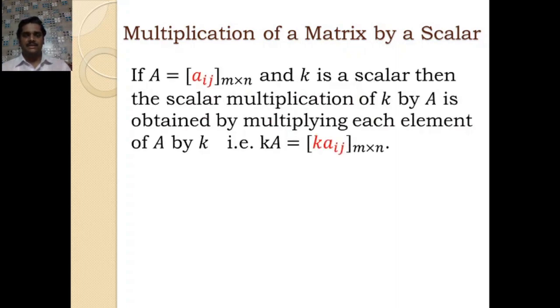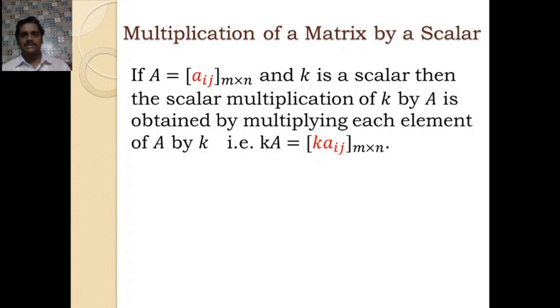Here is the definition. If A is equal to [Aij], a general matrix of order m by n, and K is a scalar, then the scalar multiplication of K by A is obtained by multiplying each element of A by K. That is, KA is equal to K into [Aij].